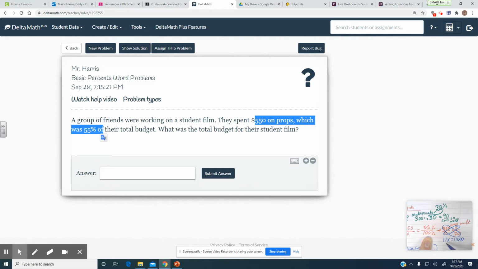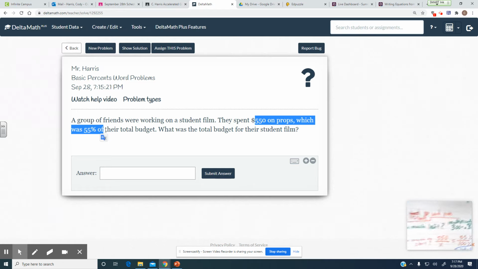And so how do we solve? We divide by 11, and you end up with the budget being $1,000. So there you go. Those are the two different kinds of examples there.